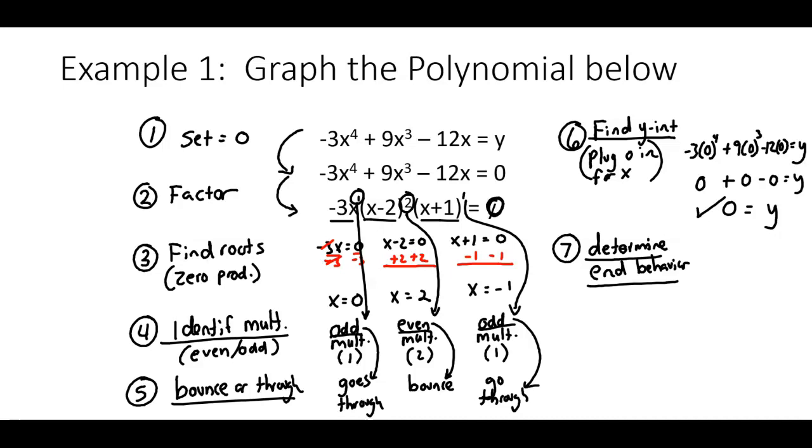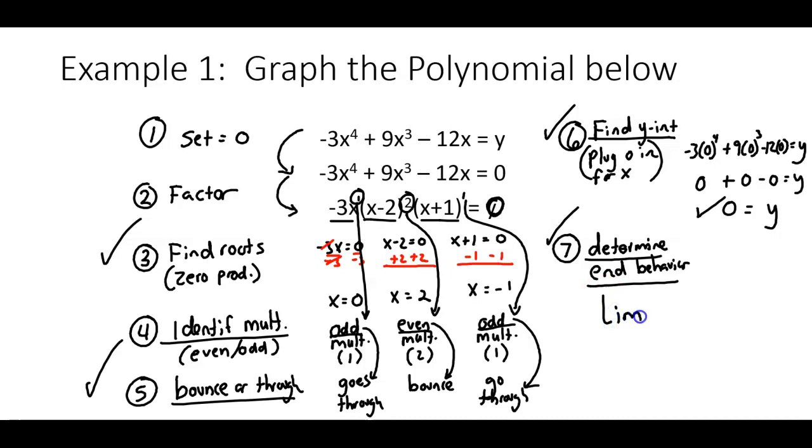We've already found out where it touches the x-axis. We found out what happens at those points. Does it go through or does it bounce? We also know now where it touches the y-axis, and now we're going to find out what happens at the left and right side of the graph. Once we know all those things, that's really enough information to turn this graph into a picture. So let's go ahead and determine our end behavior.